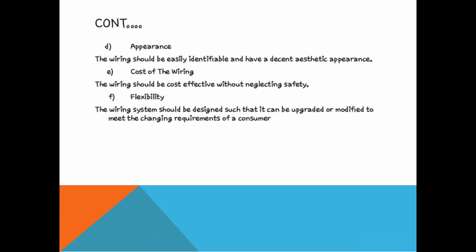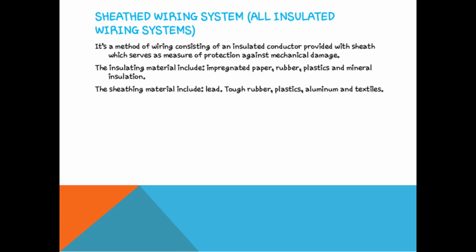Then we also have flexibility. The wiring system should be designed such that it can be upgraded or even modified to meet changing requirements. When you want to extend any form of wiring, it should provide room for extension. Those are the factors which must be considered.